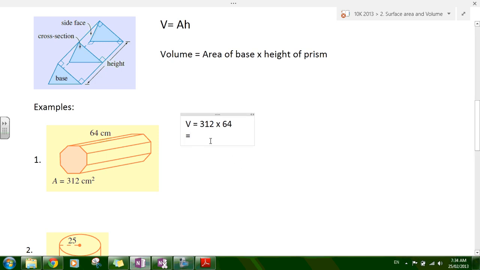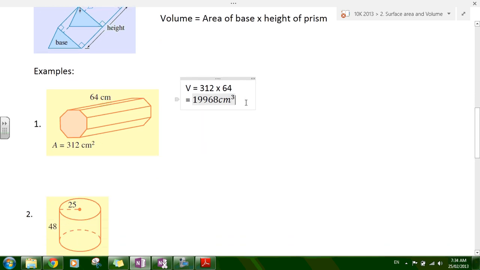If we multiply 312 by 64, we get 19,968. Remember, it's centimeters cubed, cubic centimeters. 19,968 cubic centimeters. We just multiply the area of the base with its height. Okay, so that's the first one that we found.